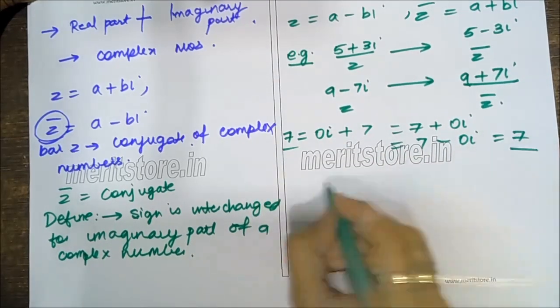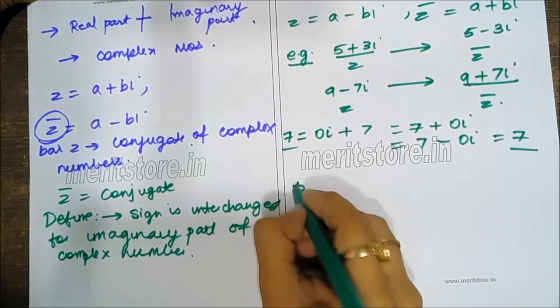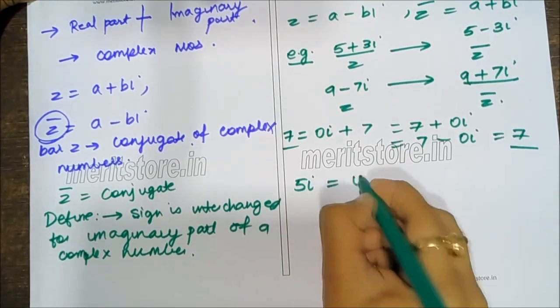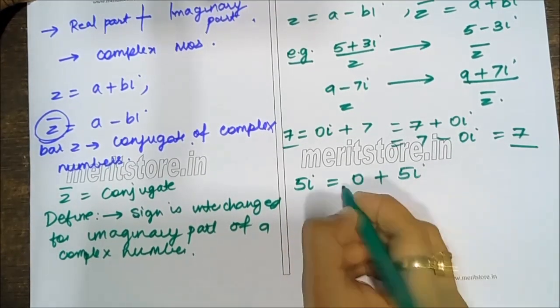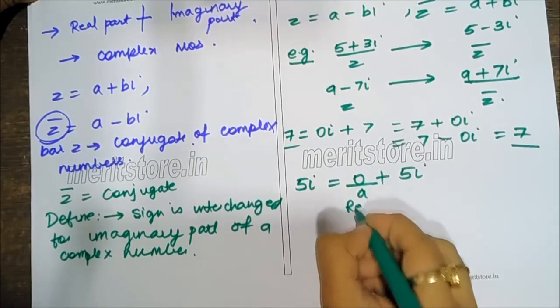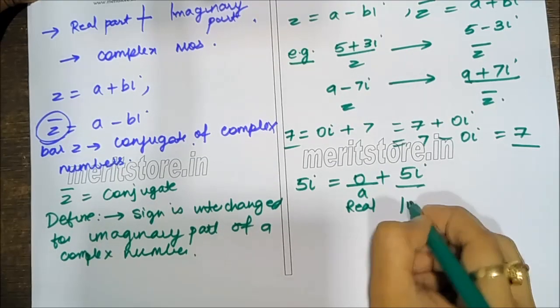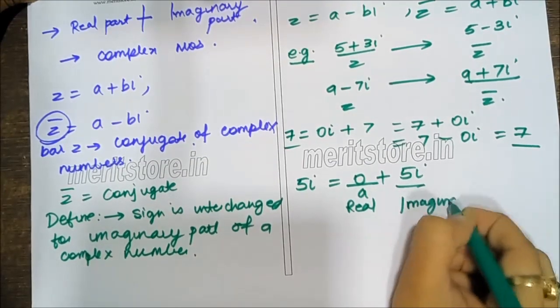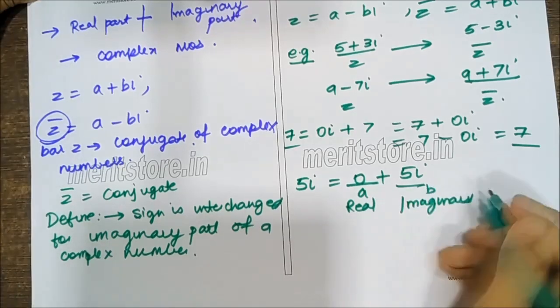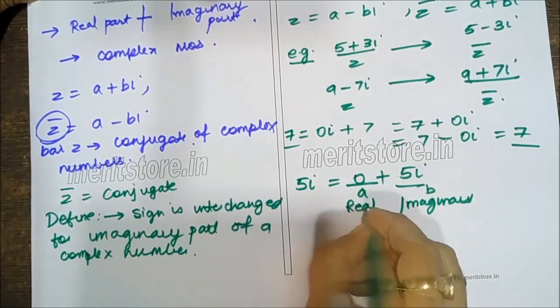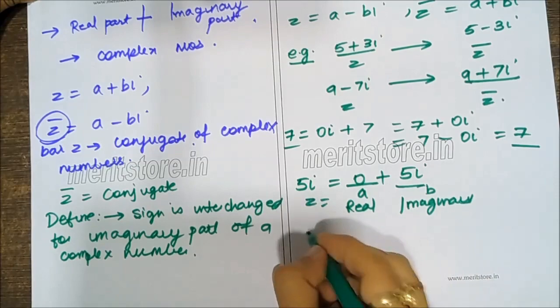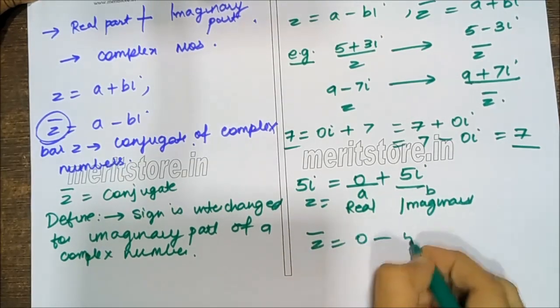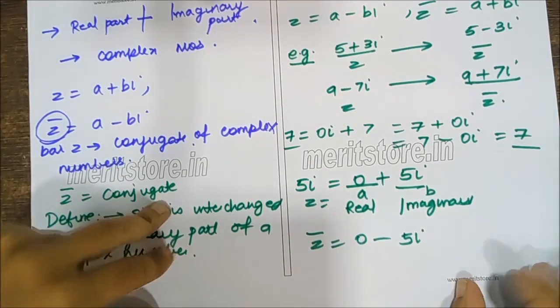So here it doesn't make a difference. But if I say 5i, here I will write in the form of 0 plus 5i. This is my real part. This is your imaginary part. Let's say this is b. So z is 0 plus 5i. So bar z is 0 minus 5i.